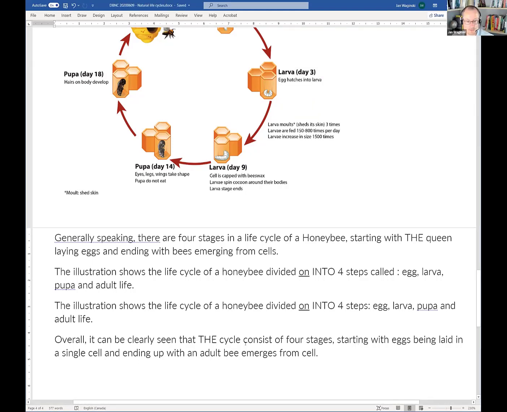Okay, thank you. 4 stages, starting with eggs being laid in a single cell and ending up with an adult bee emerged. No. From the cell. But what's happened with be emerged?